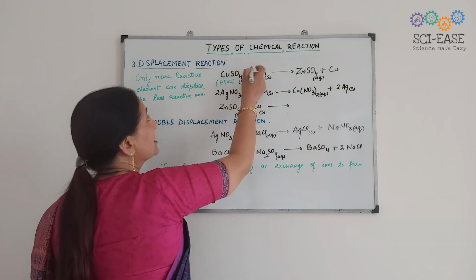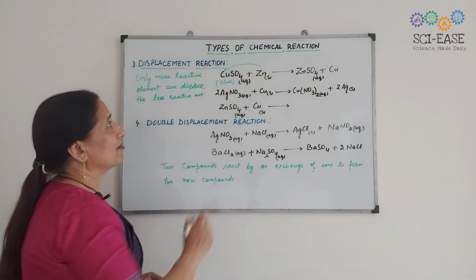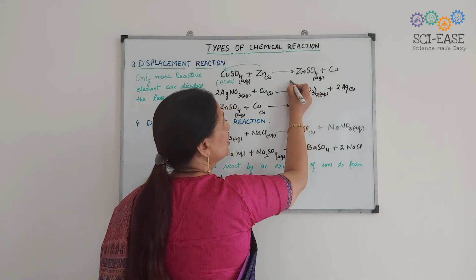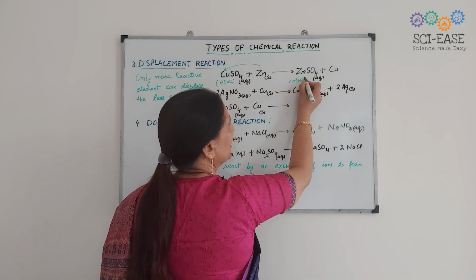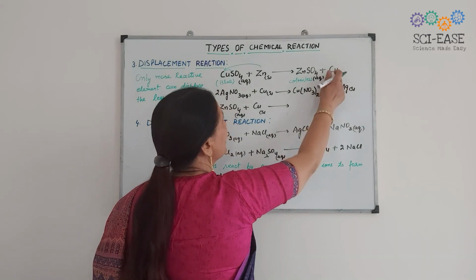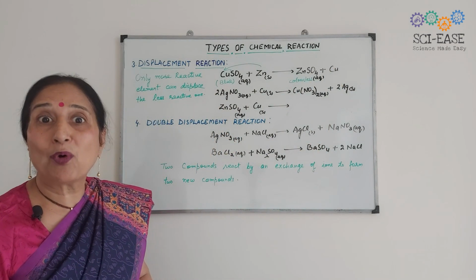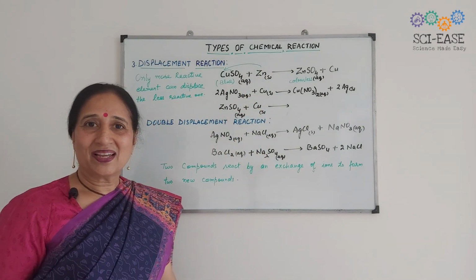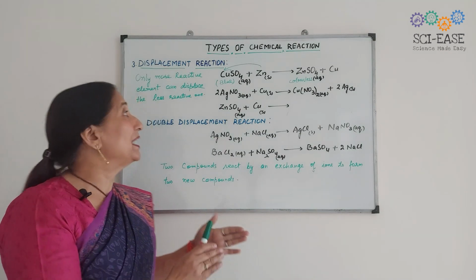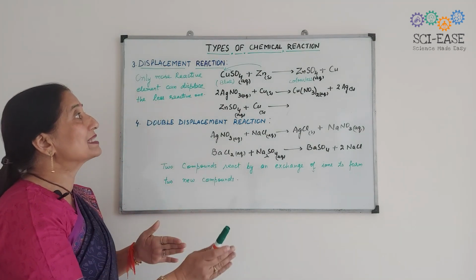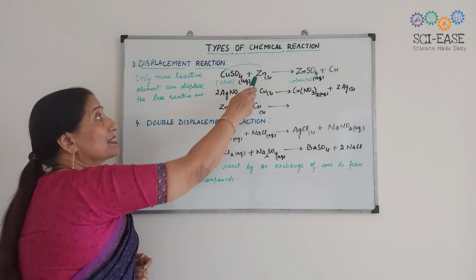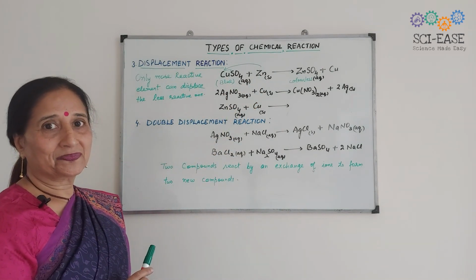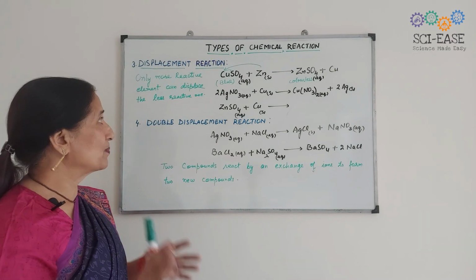Because zinc has displaced copper from the copper sulfate solution, and now the solution is of zinc sulfate, which is colorless. And copper will be deposited on the zinc electrode. So this is the displacement of copper by zinc. Here zinc is more reactive than copper. That is why it can displace.